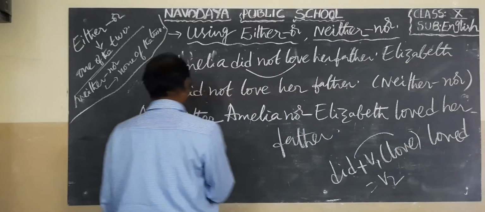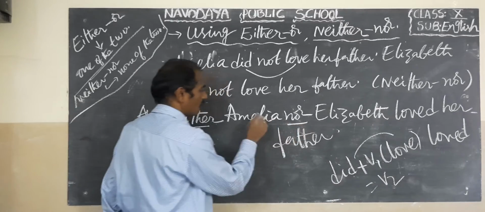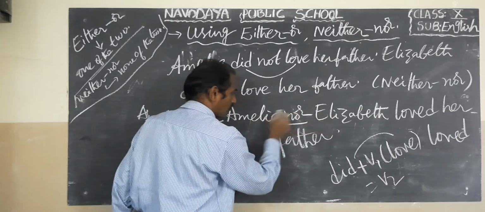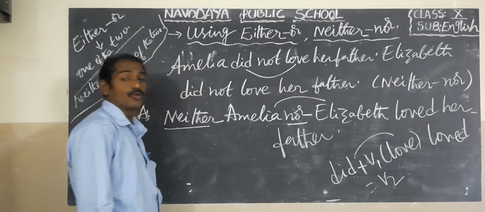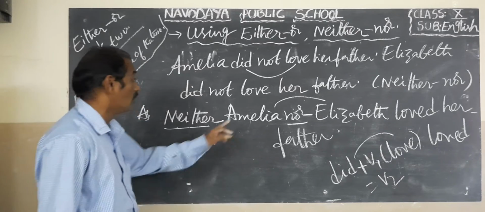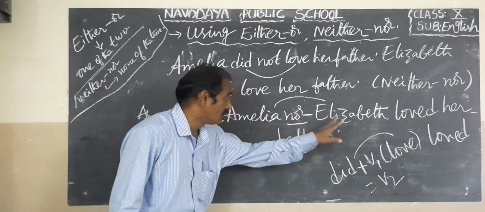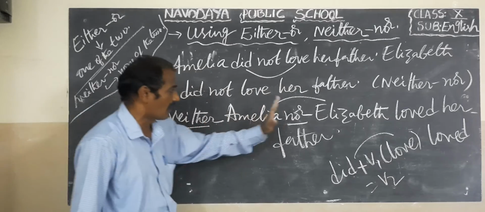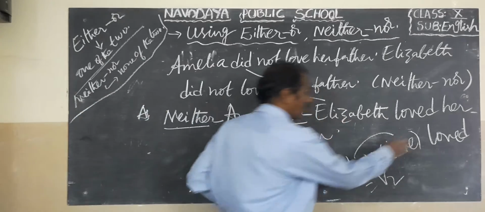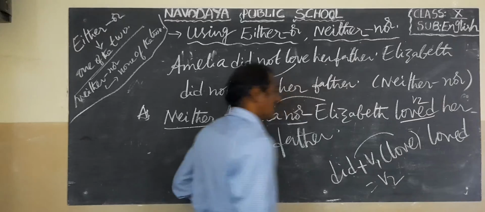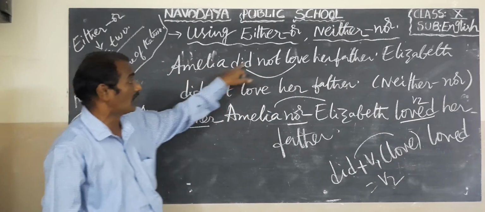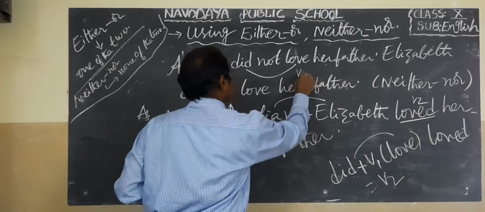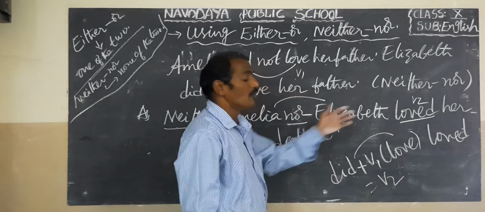So children, neither at the beginning, nor between the two subjects, because the subjects are different. Neither Amelia nor Elizabeth loved. Here is past tense V2, because the helping verb is did: did love, did V1 became V2, loved.